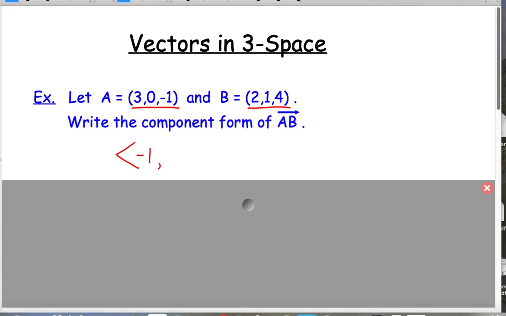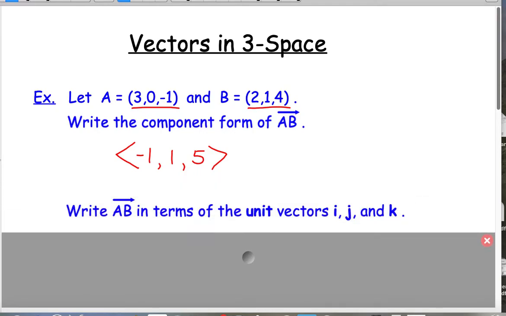So 1 minus 0 is 1. And subtract the z-coordinates. 4 minus a negative 1 is 5. And so there's your component form of vector AB: negative 1, 1, 5. So to get from A to B, we go negative 1 in the x direction, positive 1 in the y direction, and then positive 5 in the z direction.